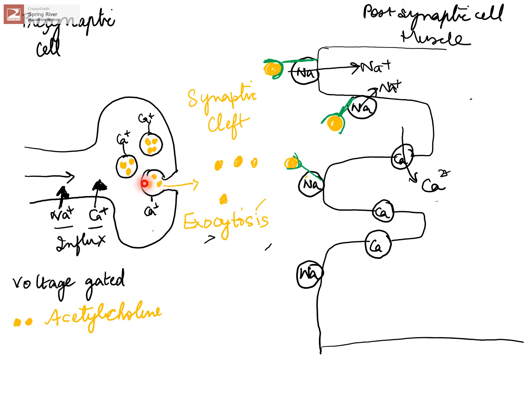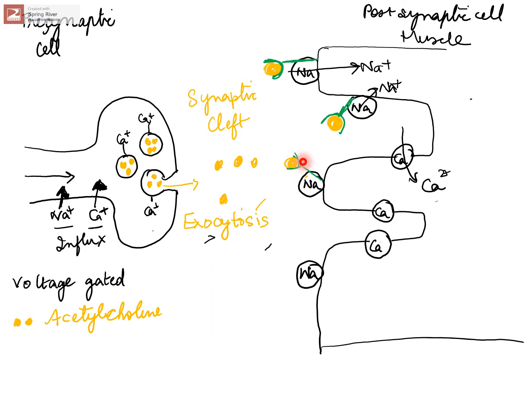The vesicles fuse with the plasma membrane of the axon terminal and release the acetylcholine molecules by exocytosis. The acetylcholine molecules bind to the receptors of acetylcholine on the surface of the muscle cells.